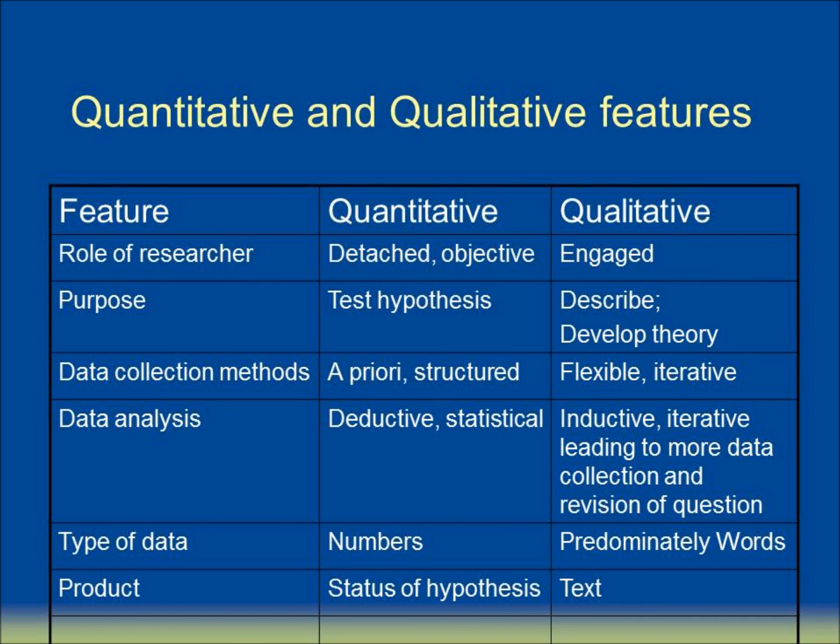Data collection methods, in particular the stance on your sampling, is quite different. In quantitative methods, you describe your sampling scheme and you do it. You define things a priori, you know what you're going to measure and how you're going to measure them, and you do that all up front. It's very structured.